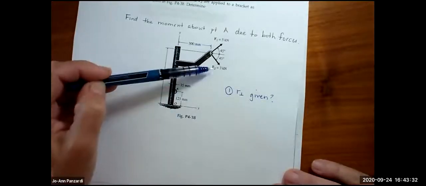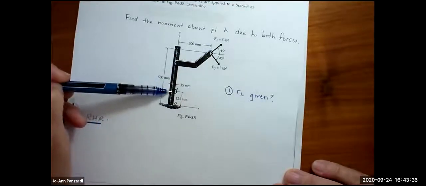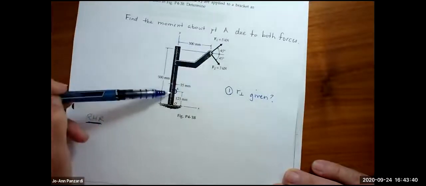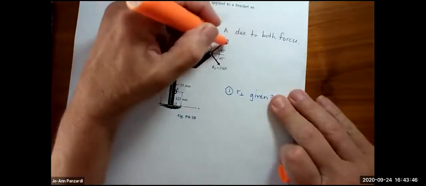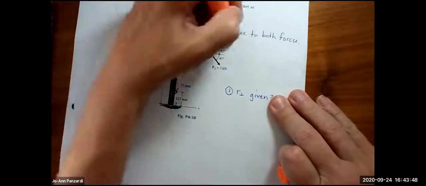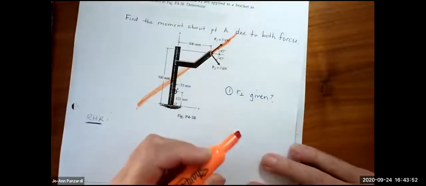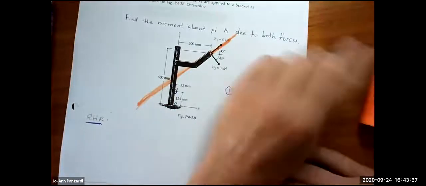For F1 and F2, are we given the perpendicular distances to point A? What I always do in these problems is look at the line of action of the force, because I want to become more comfortable finding the perpendicular distance. Where is the perpendicular distance, Jordan?